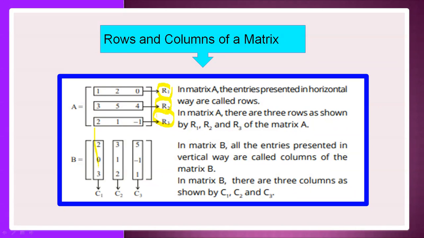How many columns do I have? I have 3 columns. So I can name them column number 1 C1, column number 2 C2, column number 3 C3. Remember, rows and columns are very important in your matrices.